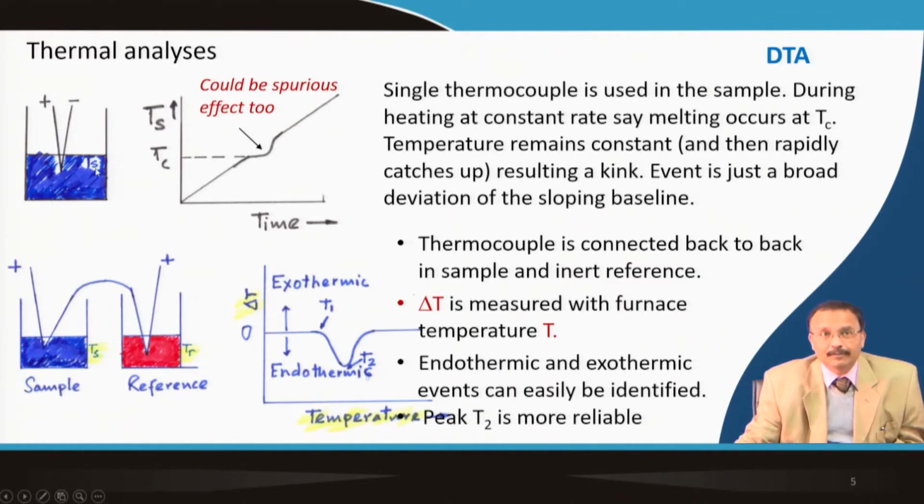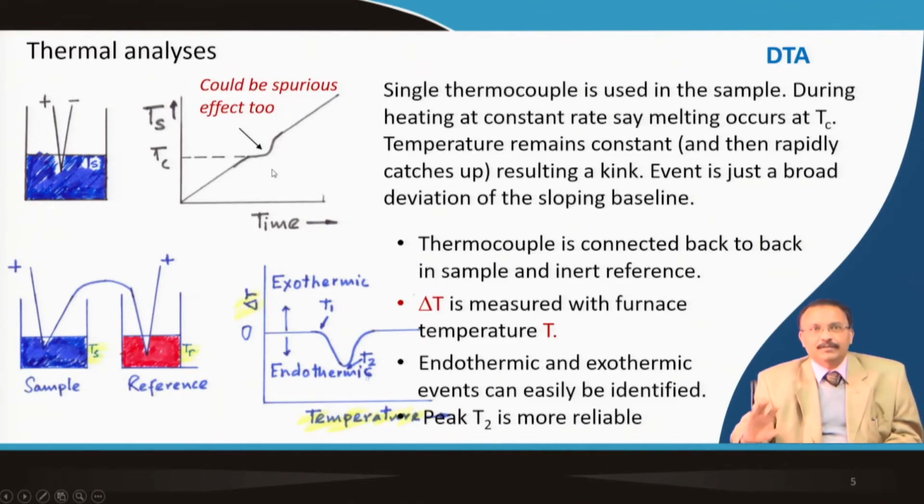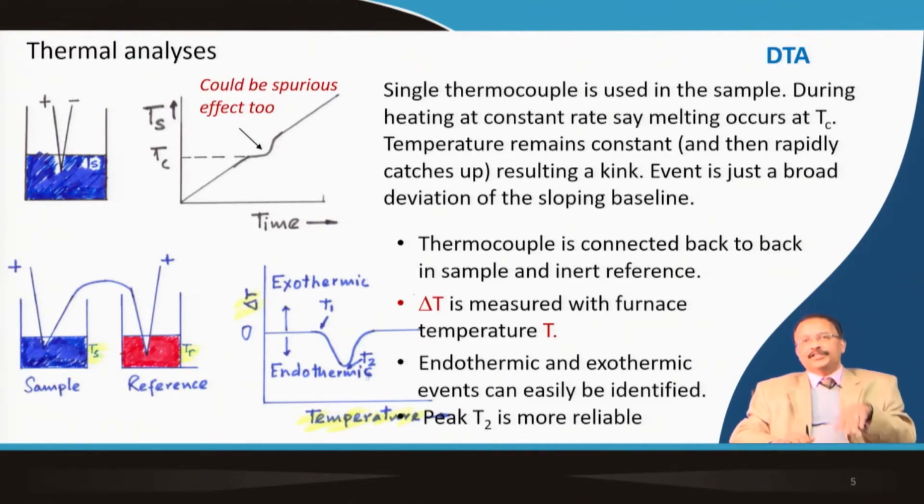While the whole of it melts, the temperature will remain constant, because it takes latent heat, so this will not change. So, there will be some kind of anomaly at this temperature, and when the reaction is completed, it will again catch up with the heating rate. So, it will just be a change in the slope. Sometimes this slope change can be spurious, so you cannot really identify at what temperature the melting transition takes place. It could be a spurious change in the slope, and you can misinterpret the data.